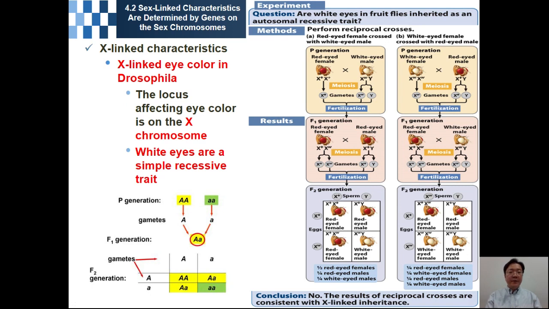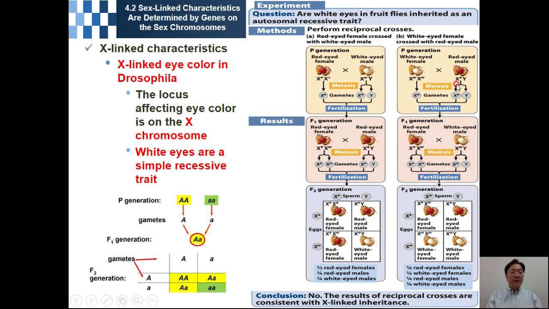If the gene which encodes eye color in Drosophila were recessive, in the F1 generation we could not see the white eye color, and in the F2 generation the ratio would be 3:1. But he found that the ratio is different.